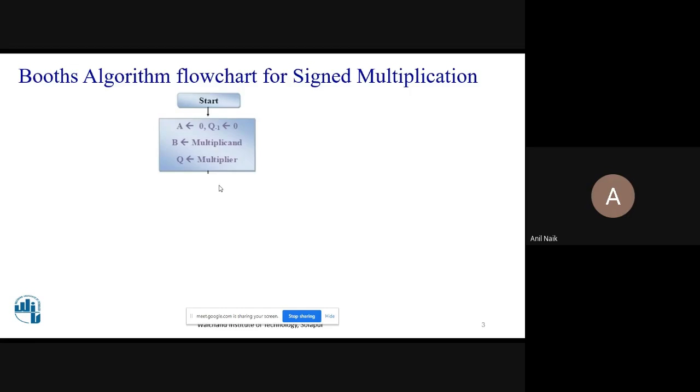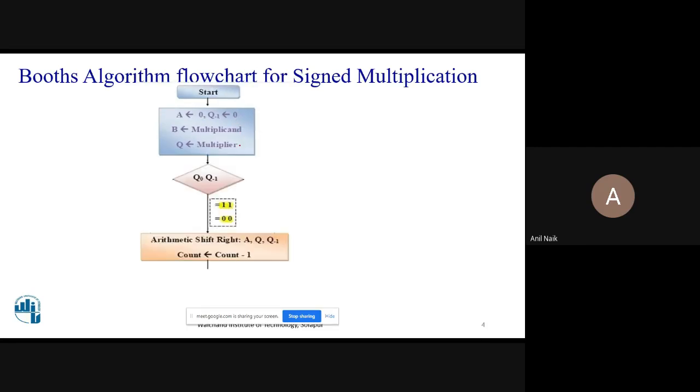So first we initialize, for example, if we assign the multiplicand 10, multiplier minus 30, we'll initialize, and the accumulator is initialized to 0, and Q minus 1 also is initially 0. This is initialization.